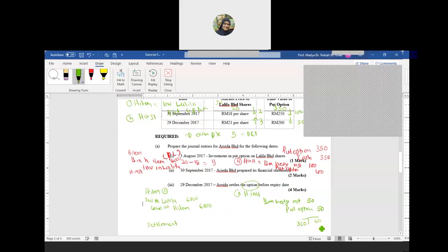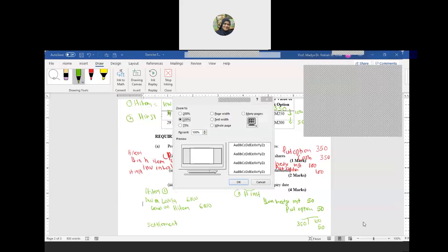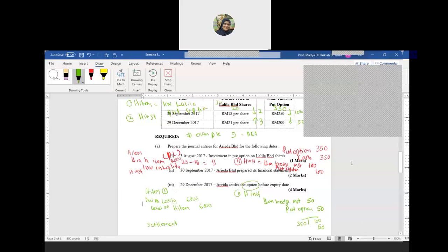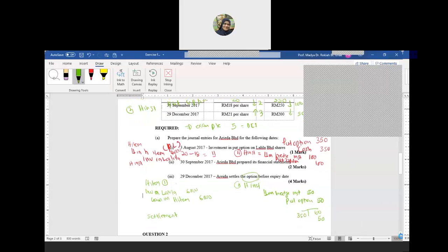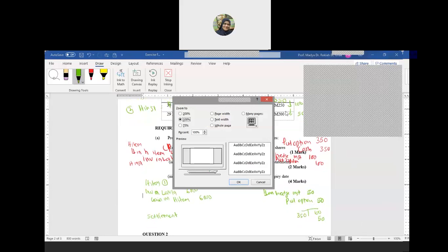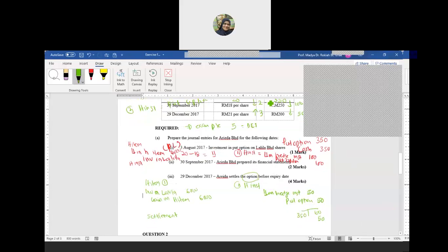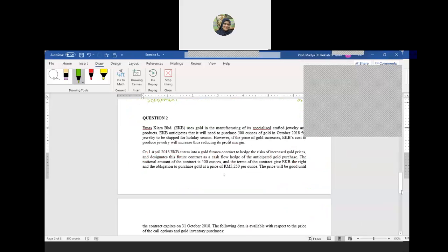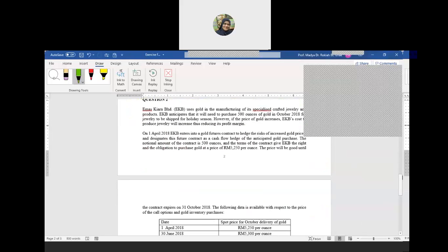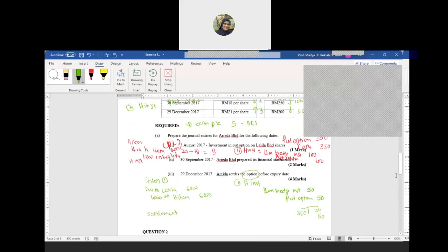Again you have a loss of another 50. So what's the balance that you have here? Okay, so the balance that we have here is 200.